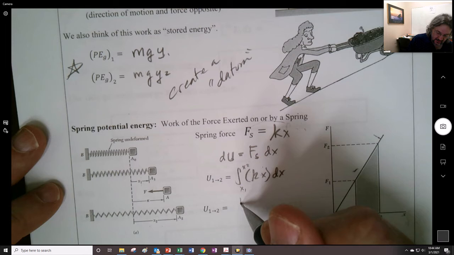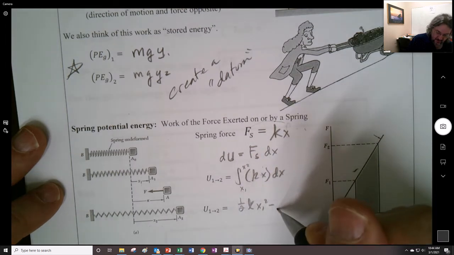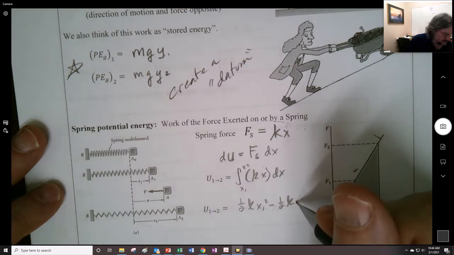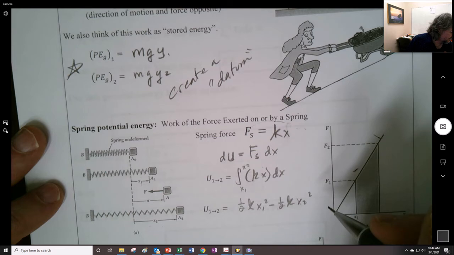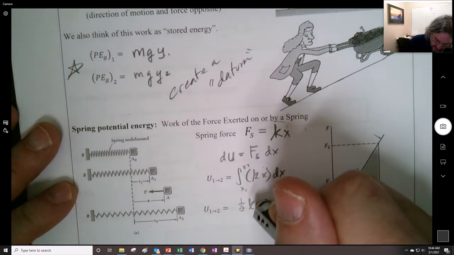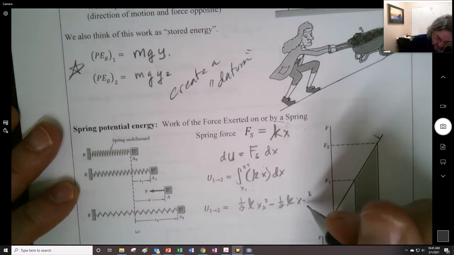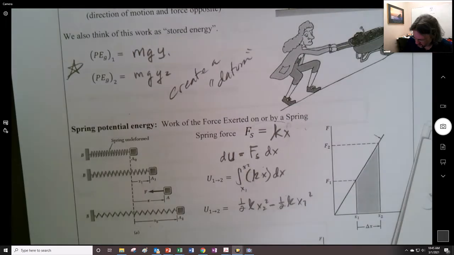So what we find, we get 1/2 k x1 squared minus 1/2 k x2 squared. And that doesn't make any sense to me. Why did I write it out that way? I think it should be the other way around, right? Yeah. I don't like that I wrote it that way. I'm fixing it.